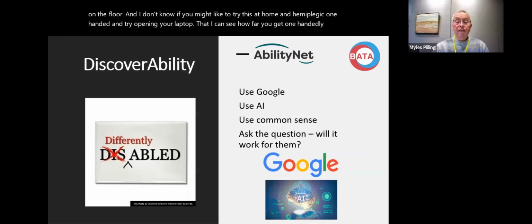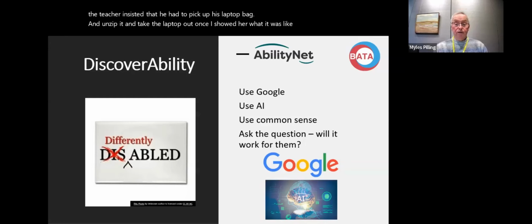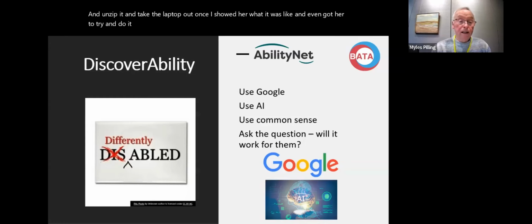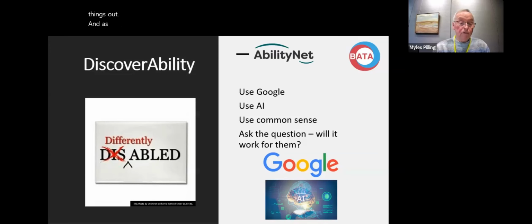And so the teacher insisted that he had to pick up his laptop bag and unzip it and take the laptop out. Once I showed her what it was like and even got her to try and do it herself, she got it. Now, you would think people would understand that problem right away. Doesn't quite work like that. And sometimes we just have to spell things out and ask the questions that will really work for them.